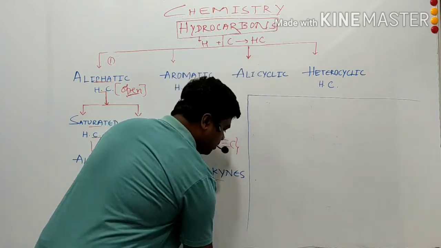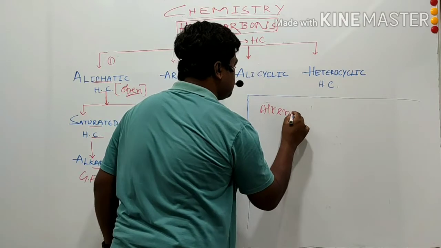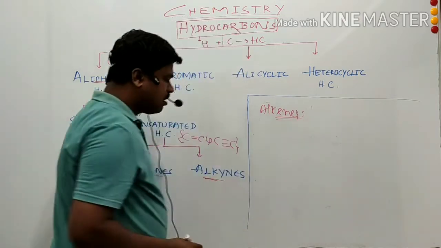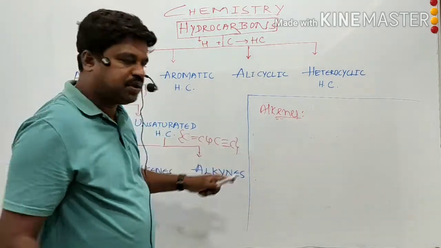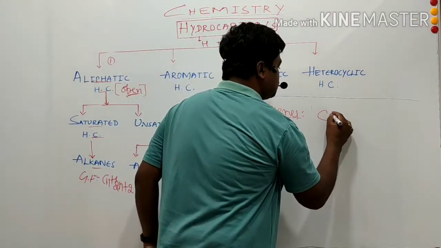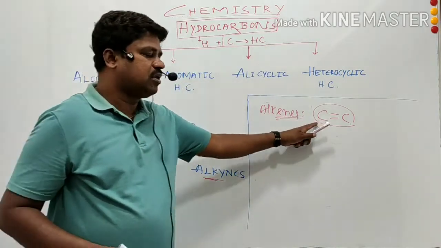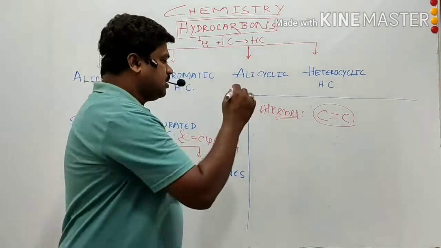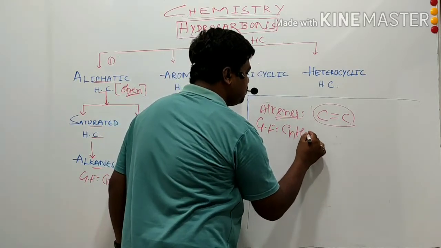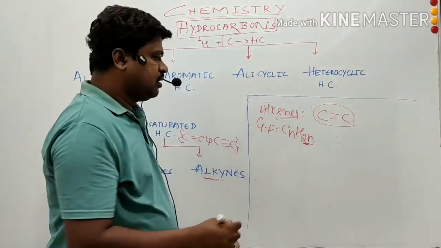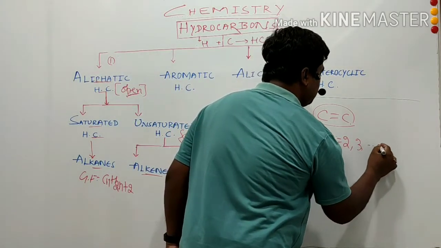Now let us take the first one under unsaturated hydrocarbons, alkenes. What are alkenes? These are unsaturated hydrocarbons having an open chain structure containing at least one carbon-carbon double bond. They have the general formula CnH2n, with n value 2, 3 and so on.